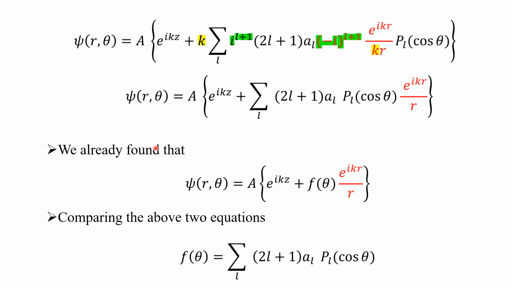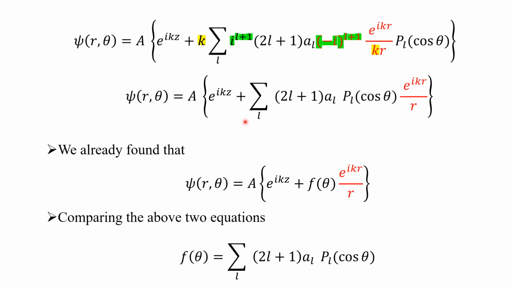We have already found that the total wave function is e^(ikz), the incident plane wave, plus the outgoing scattered wave, which is equal to f(θ) e^(ikr)/r.